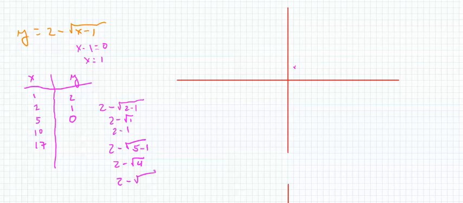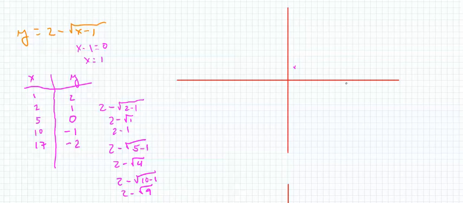At 10, 2 minus the square root of 10 minus 1, 2 minus the square root of 9, and the square root of 9 is 3. We get negative 1. And we should see a pattern here. We went down 1, down 1, down 1. We're going to be at negative 2.